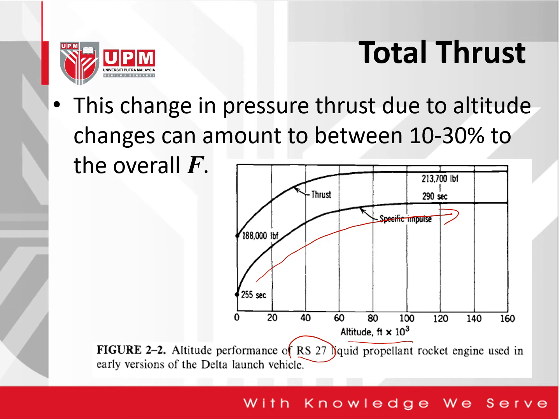Similarly with the thrust, from 188,000 pounds of thrust at altitude 0, it increases up to 213,000 and plateaus above 100 times 10 to the power 3 altitude.